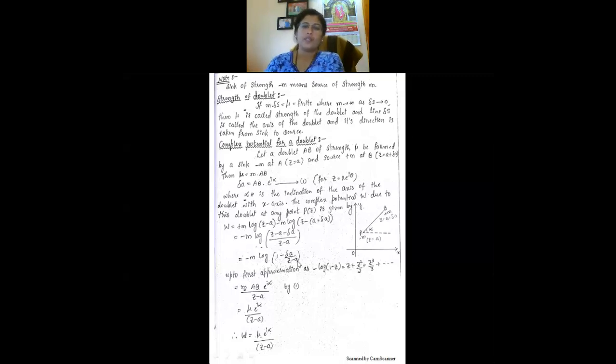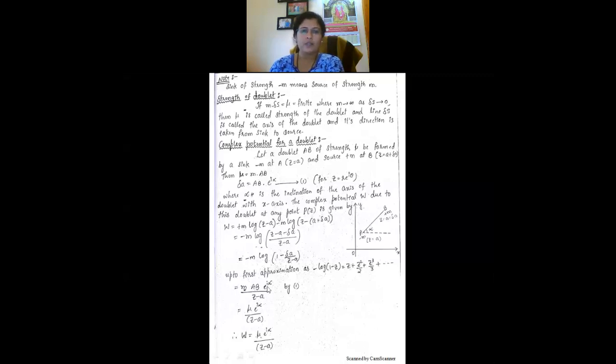So when you neglect the higher order terms and consider only the first place value, that is Z, in place of Z, our result is nothing but delta A divided by Z minus A. So here you will get minus, which is there inside this expansion itself. So it becomes m into delta A divided by Z minus A.